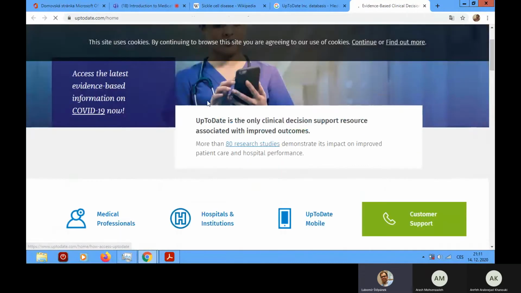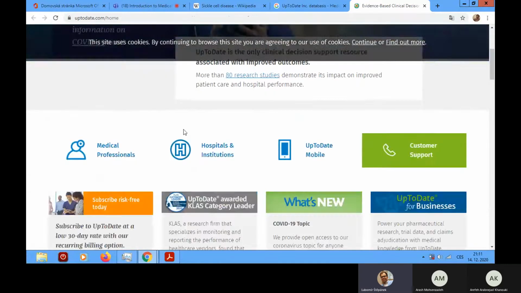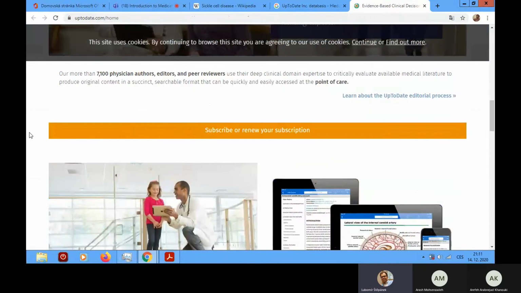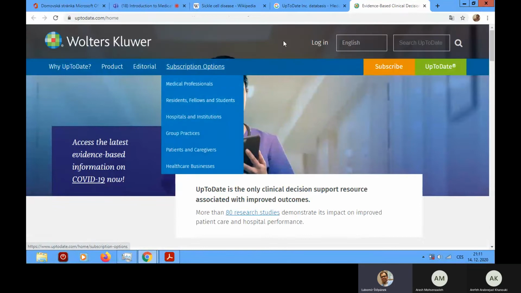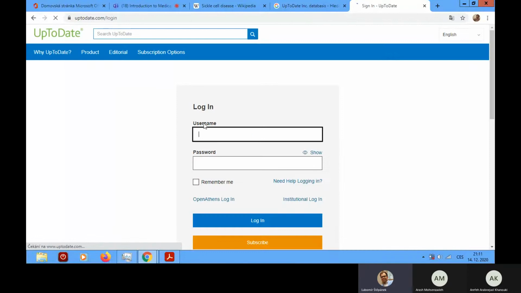So I think that if we're just on the faculty's EduRoam connection, you can go there. There are also some applications here, but I think that you can simply log in maybe by your university login, but I'm not sure. I think it could work.